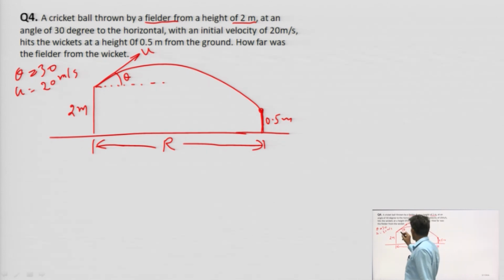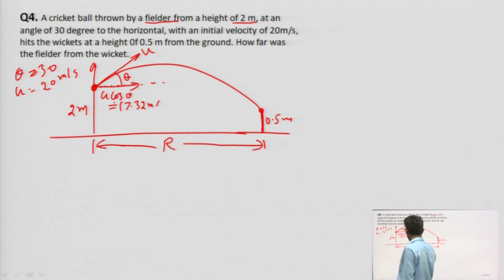So, the horizontal component and vertical component of the velocity at the projection point are known to us. u cos theta, u is 20, so it is 20 cos 30, it is 17.32 meter per second, and the vertical component is 20 sin 30, which means 10 meter per second.